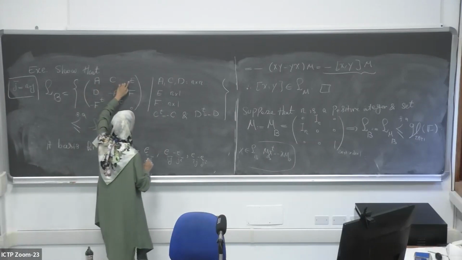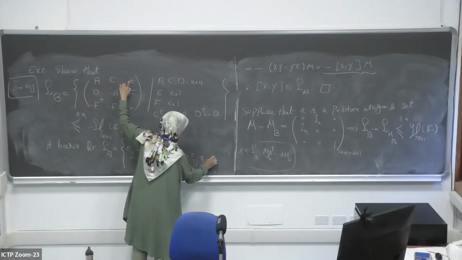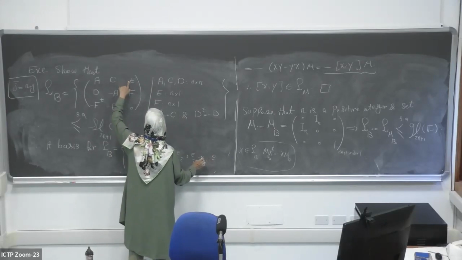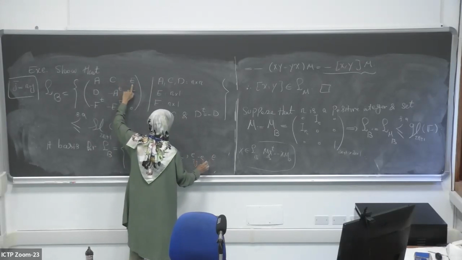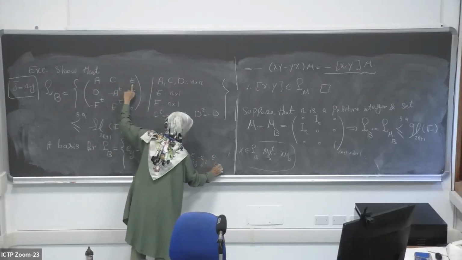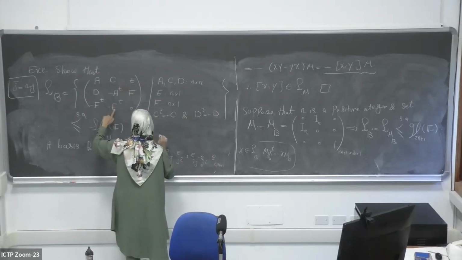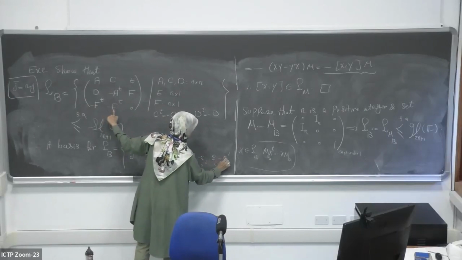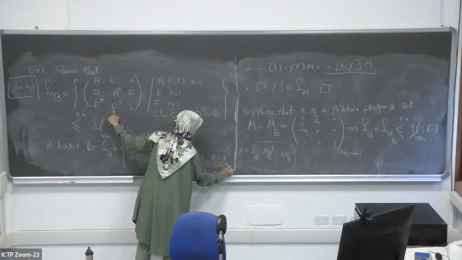What we have for E, it is E_{i, n+1}, and we have here minus E_{n+1, i bar}.